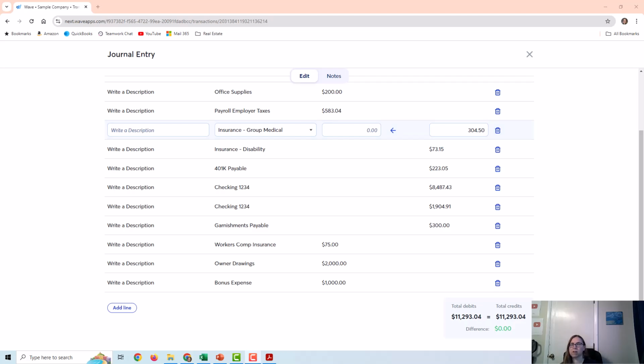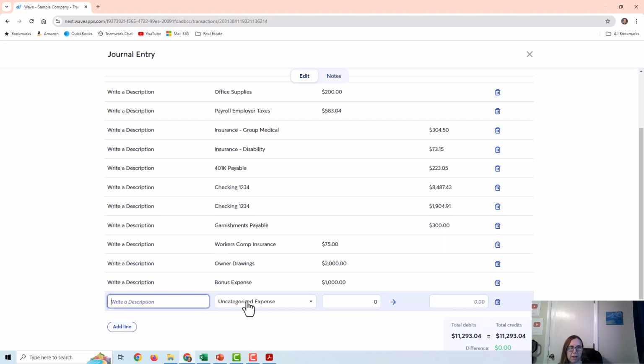But now I want to talk about how you would treat it if the company paid the group health insurance plan through the payroll processing service. It's going to be an additional cost that they pay to that payroll processing company. So that is going to be an expense of the business if they're paying it. So what you would do is add a line item for your group medical insurance.